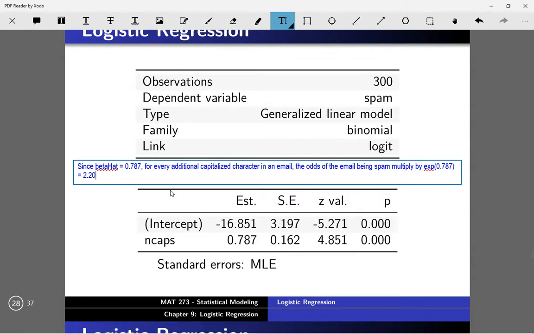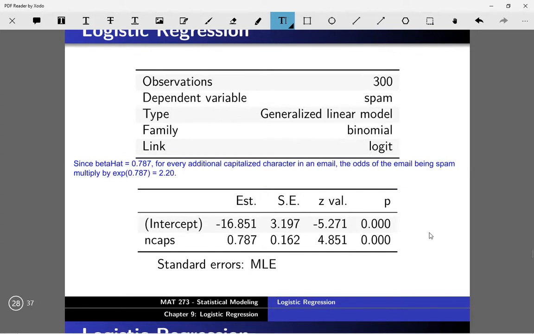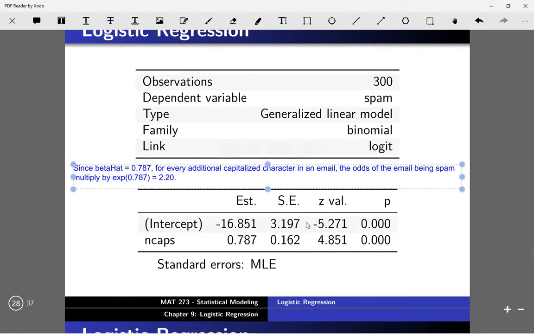Since beta hat is 0.787, for every additional capitalized character in an email, the odds of the email being spam are multiplied by about 2.2. Okay. So that's how we interpret the regression coefficient for this simple logistic regression model.